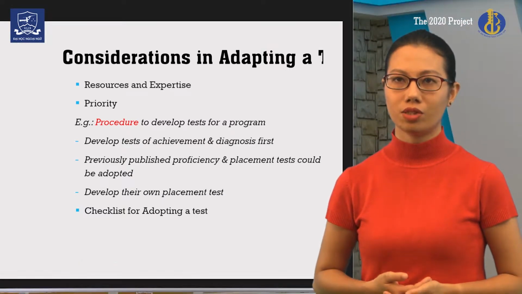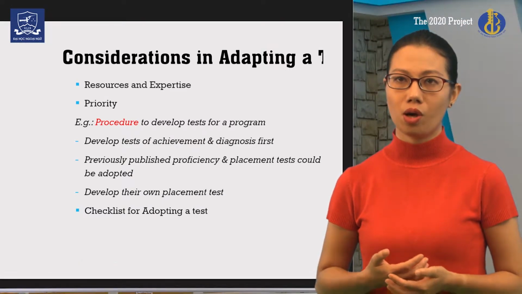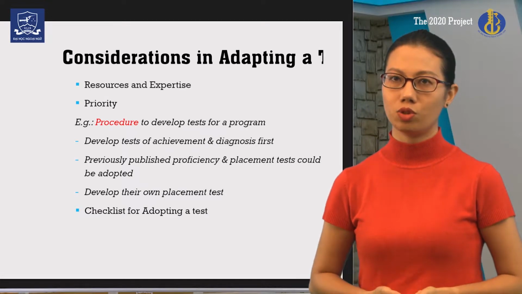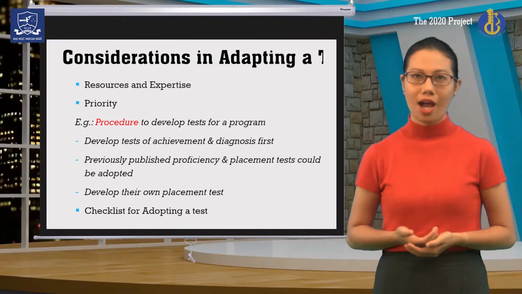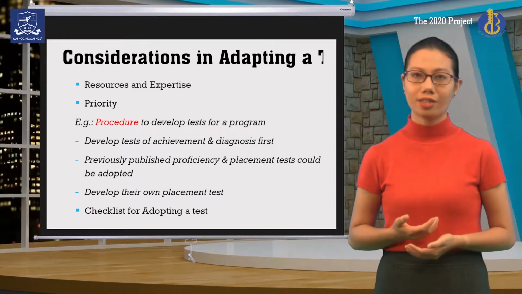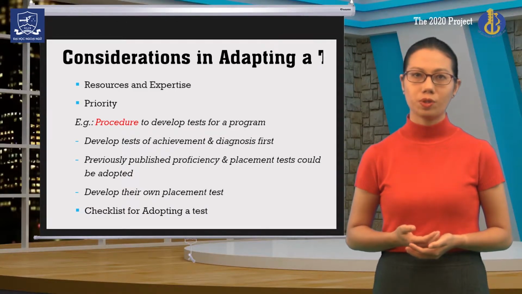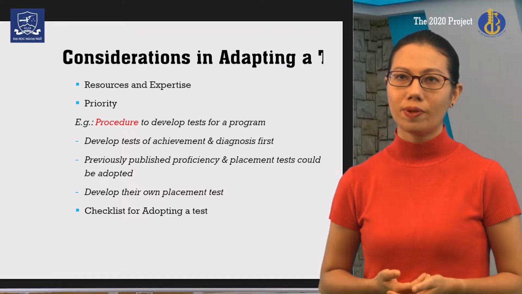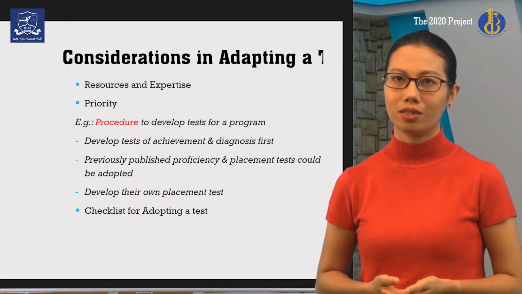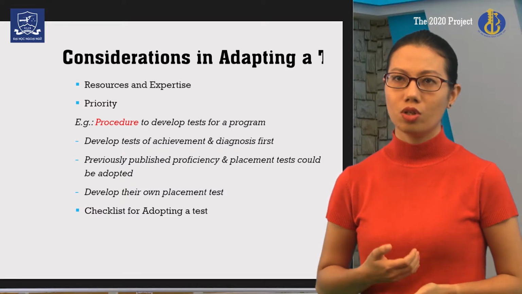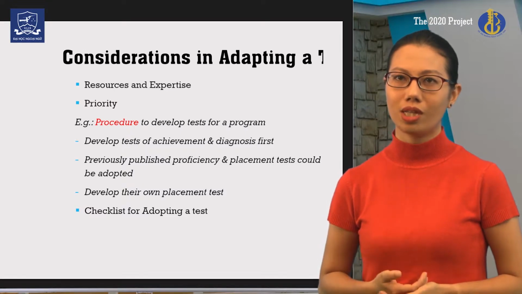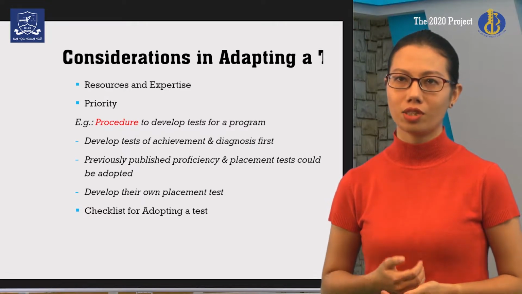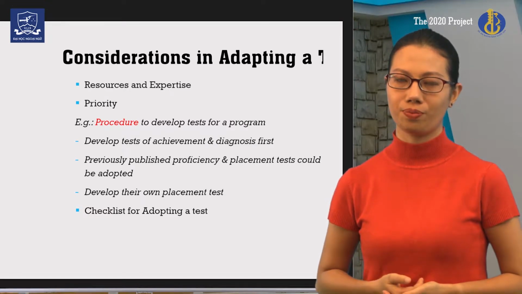If a group of teachers decides to develop their own test, they will need to begin by deciding which tests to develop first. Perhaps those tests which were identified as most program-specific should have priority. That would mean developing tests of achievement and diagnosis first, because they will tend to be based entirely and exclusively on the objectives of the particular program.